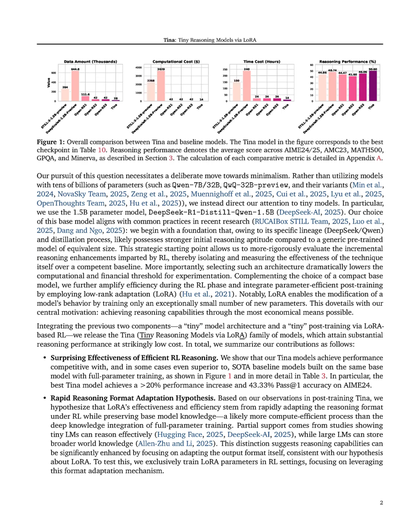LoRA enables the model to modify its behavior by training only a small number of new parameters, which preserves the base model's pre-trained knowledge while focusing on structural adaptation for effective reasoning. This combination results in a cost-effective training pipeline, where TINA models achieve competitive reasoning performance with significantly lower computational costs compared to full parameter training, demonstrating the effectiveness of the LoRA-based RL approach.